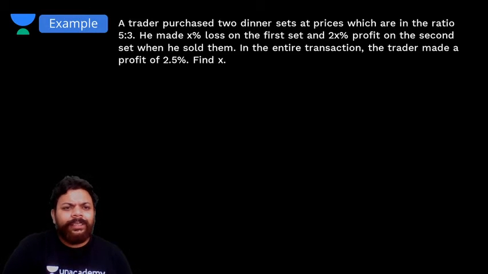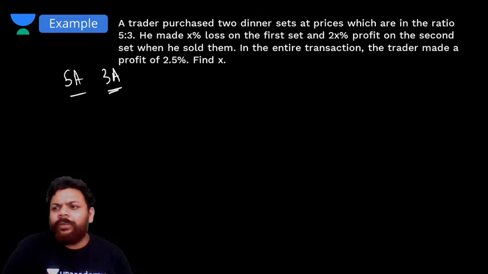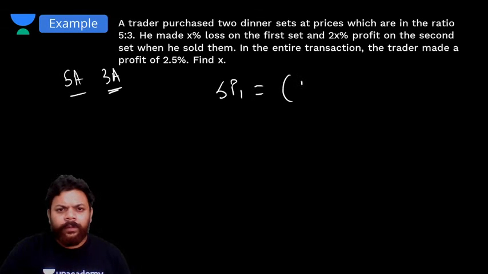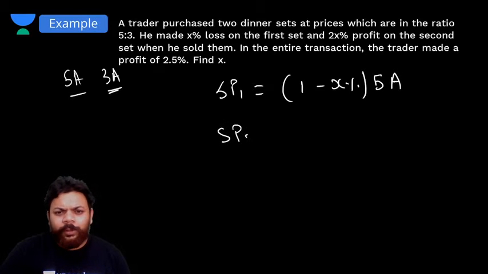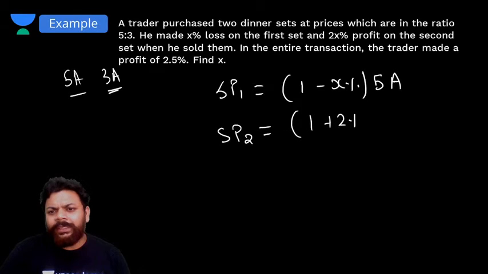So for sure I can assume 5A and 3A as the cost prices. So selling price 1 will be equivalent to 1 minus X percent of 5A and selling price 2 must be equivalent to 1 plus 2X percent of 3A.